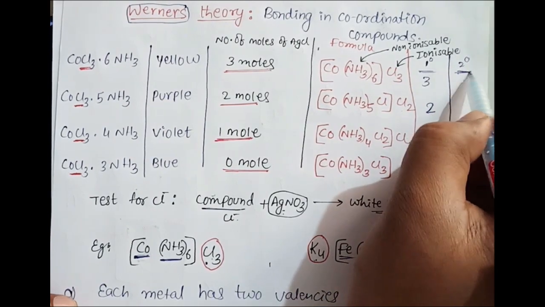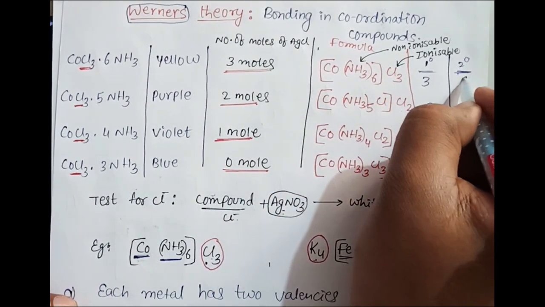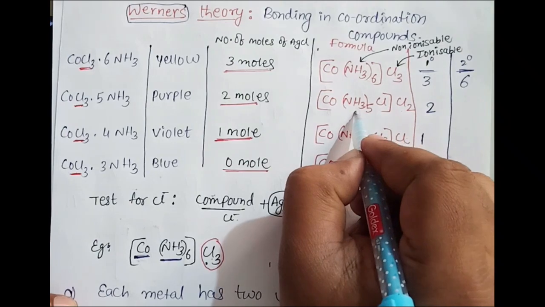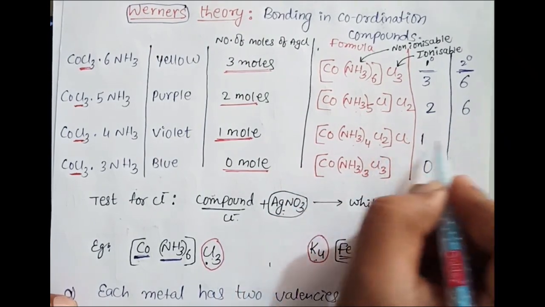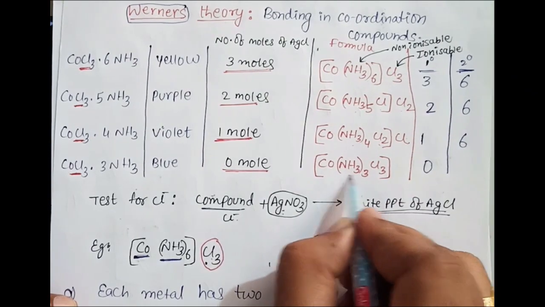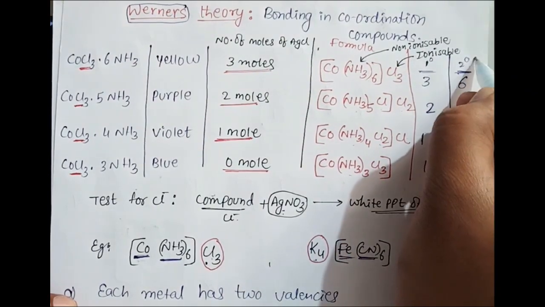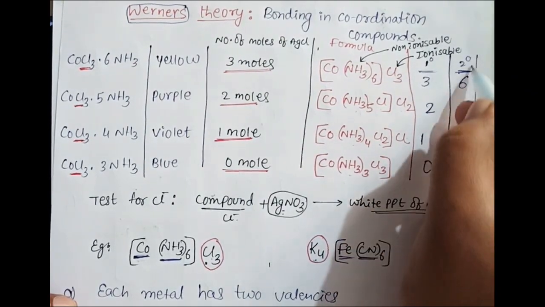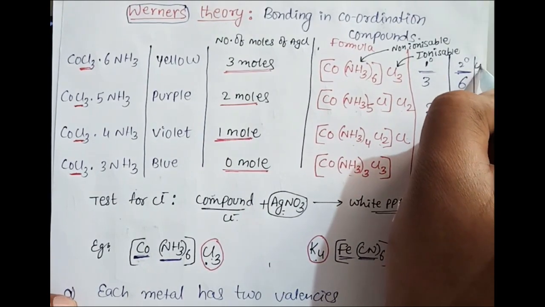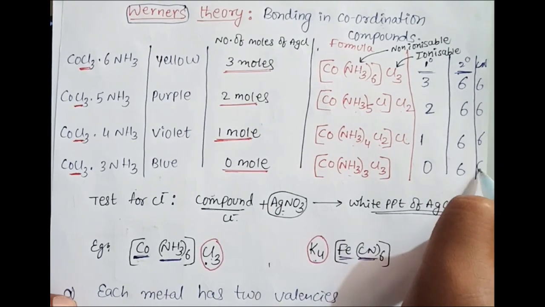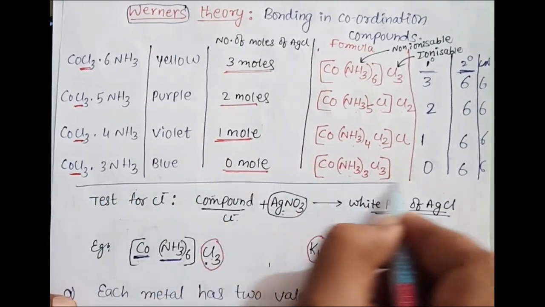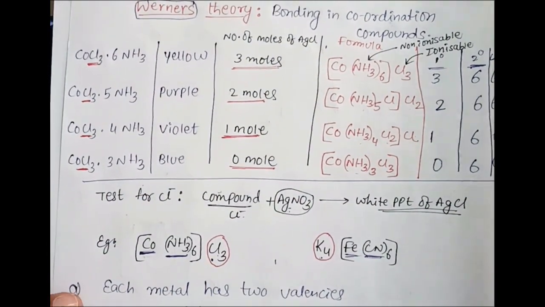Secondary valency means inside the bracket: there are 6 ammonia molecules, 5 ammonia and 1 chloride, which means 6, 4 ammonia and 2 chloride, which means 6, and 3 plus 3, which is 6. This secondary valency is what is called the coordination number. So coordination number is 6, 6 and 6. This is the table related to Werner's theory.